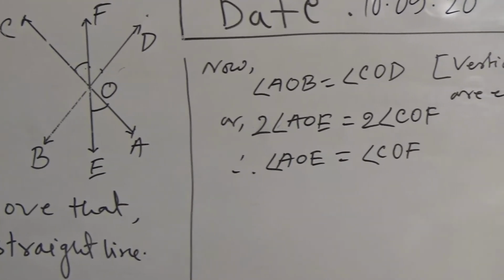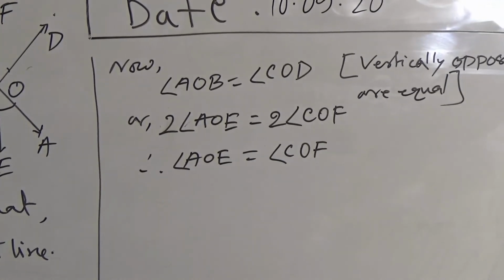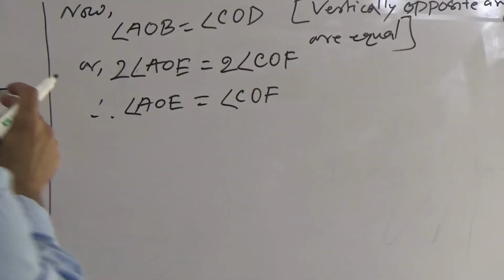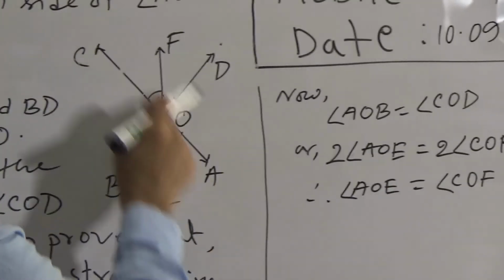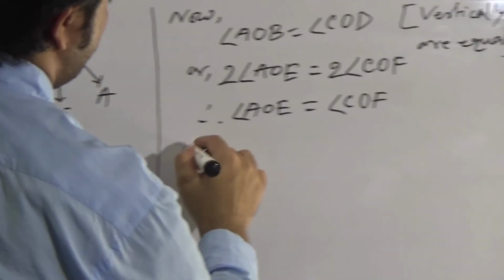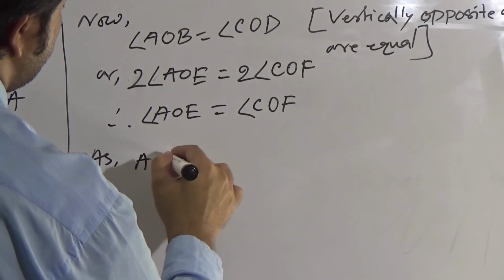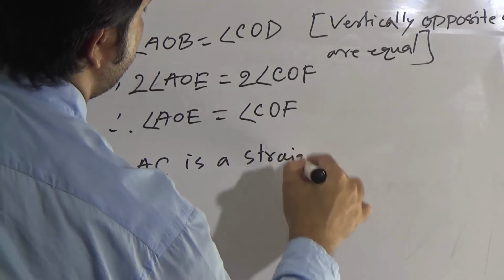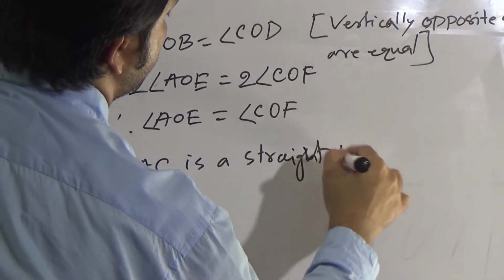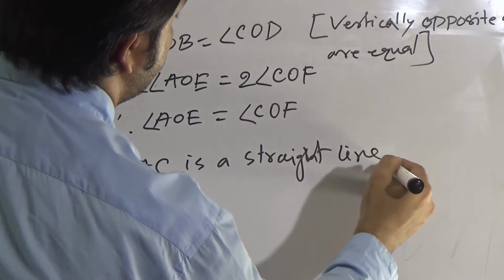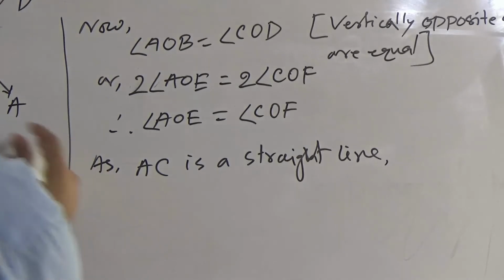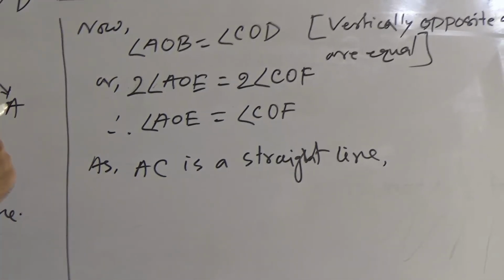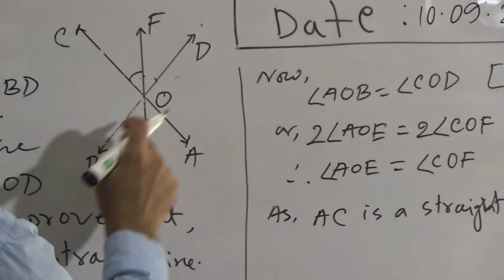Okay, dear students. Now, as AC is a straight line, we can write angle AOE plus angle BOE plus angle BOC.